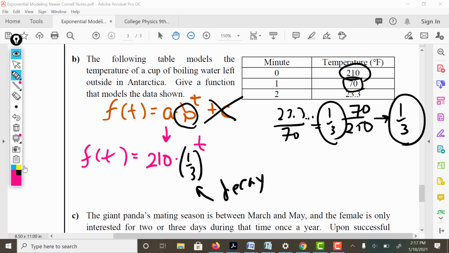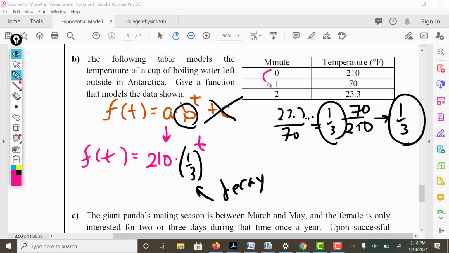Please, please, please, when I give you these kind of problems, keep track of this. This only works because, one, we started at 0. 0 is always a start. If you have a 0, that gives you the starting population. If you don't have a 0, you have to go back and find a 0. Two, notice that we're not missing any data.